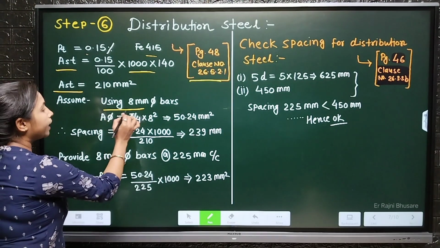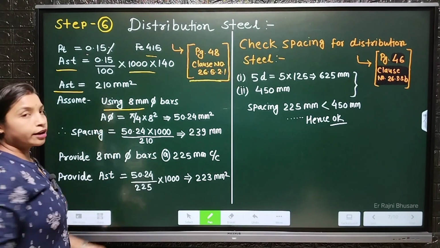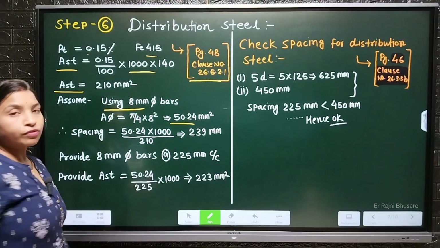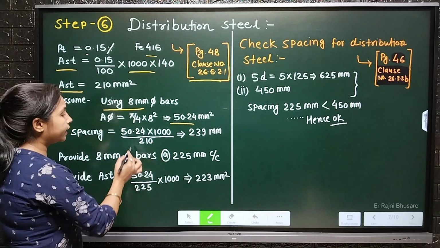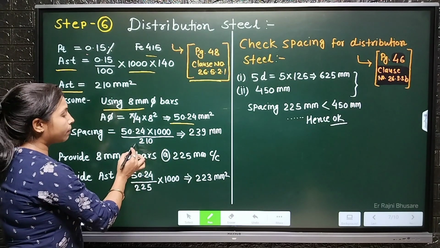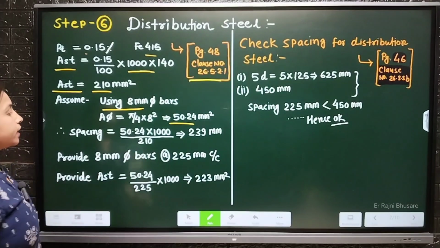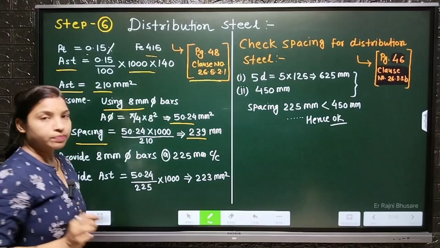Now using 8 mm dia bars, the area of 1 bar, their formula is pi by 4 into d square. So our d is 8 mm, and we have calculated the area of 1 bar, the value is 50.24. Then put in b is 1000 by our Ast we have calculated, 210. So our spacing is 239 mm. Is that clear?